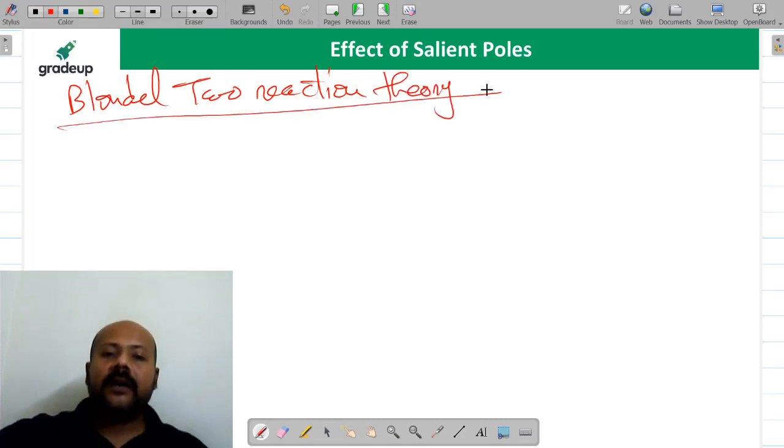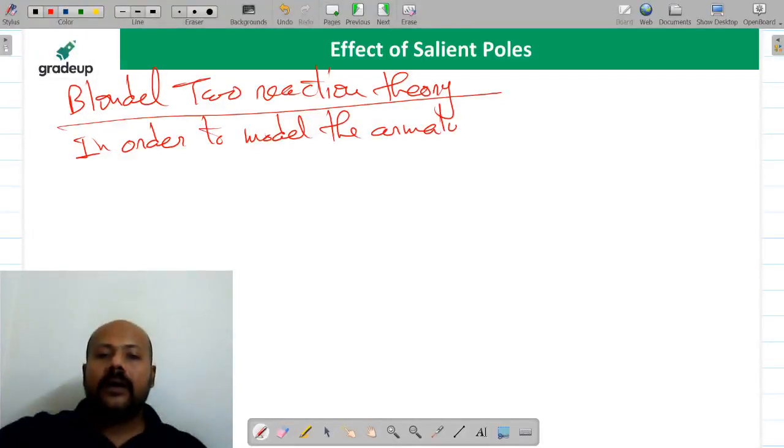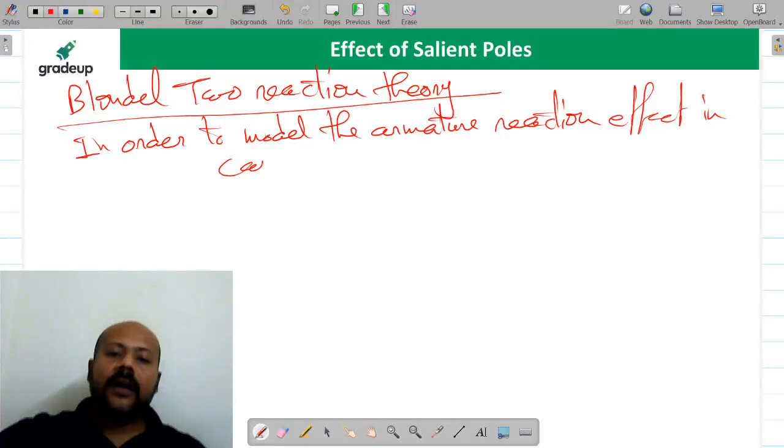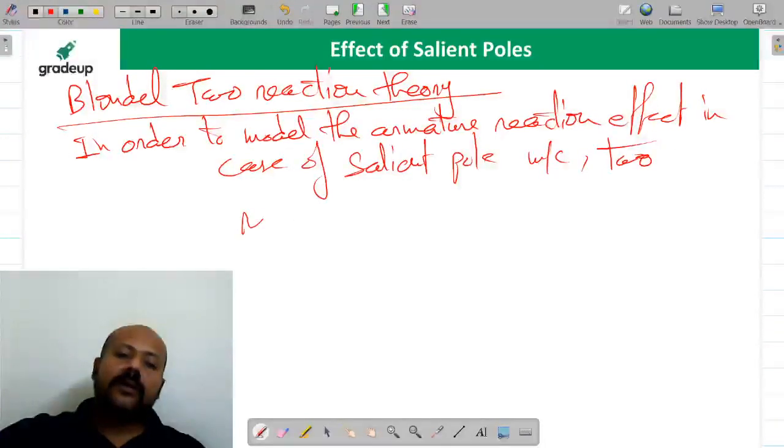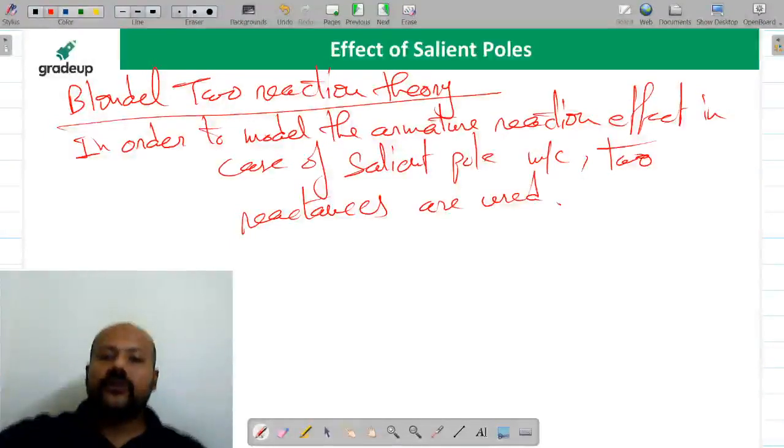He said, in order to model the armature reaction effect in case of salient pole machine, two reactances are used.